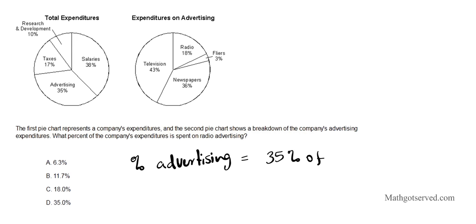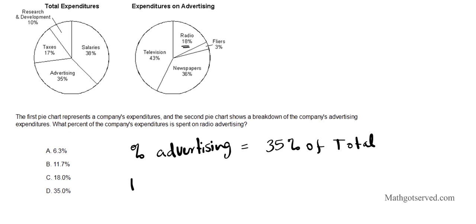This expression gives me the amount spent on just advertising. But the advertising is broken further into respective percentages, so I want to take the radio percentage of the advertising, which is 18% of advertising.